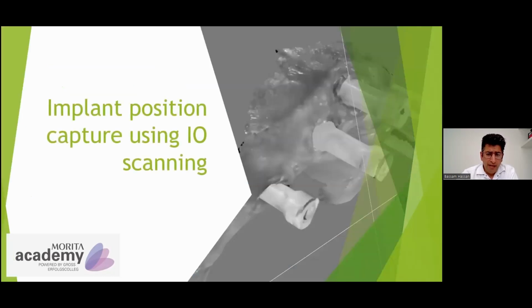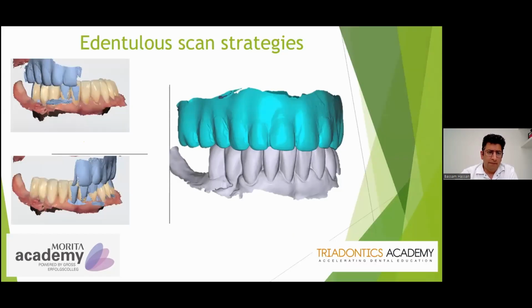So I think the challenge that we always had for intraoral scanning, which was the benchmark for intraoral, could you capture a full arch implant position? And in a dentulous scan strategies, where we started, let's say, from a denture that the patient was wearing or a hybrid denture.